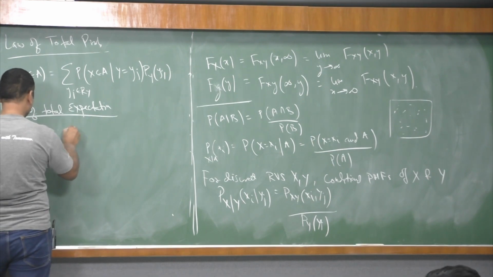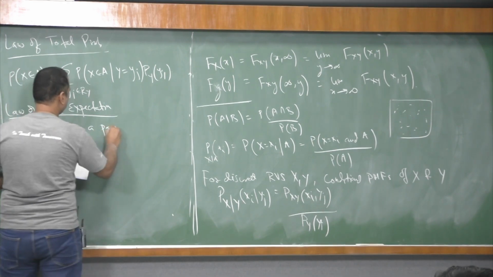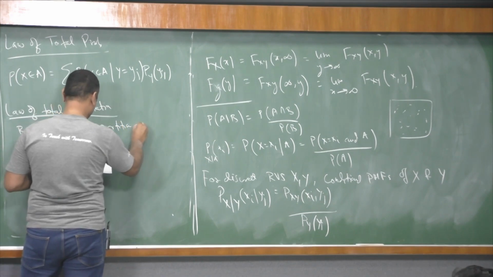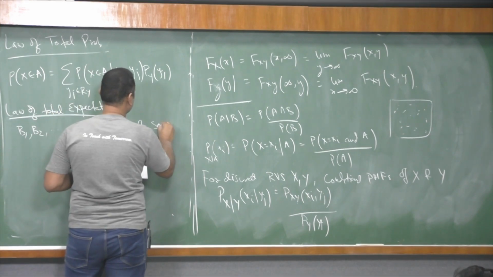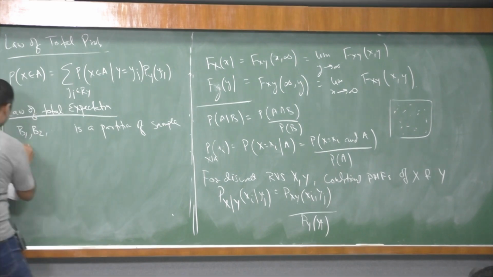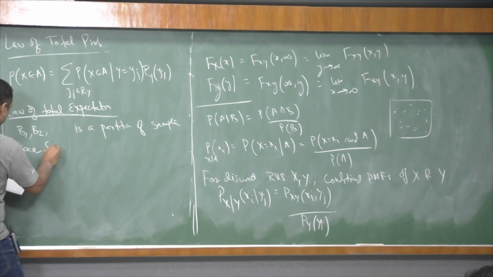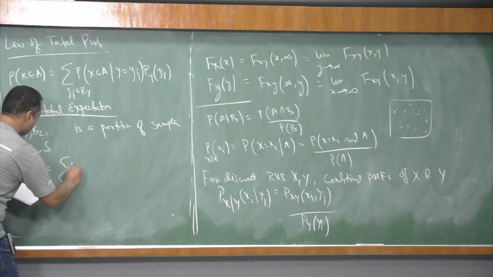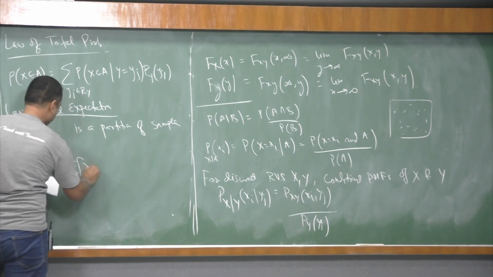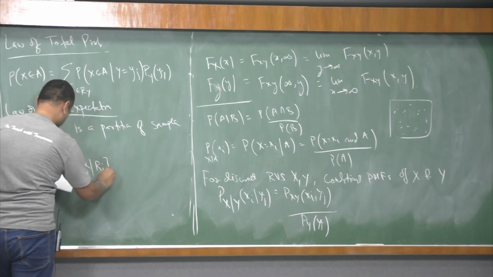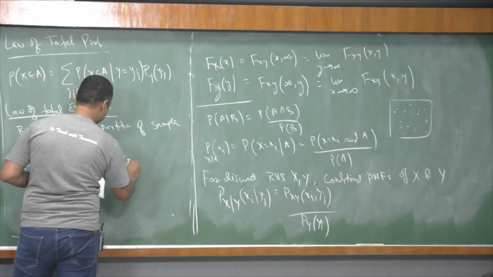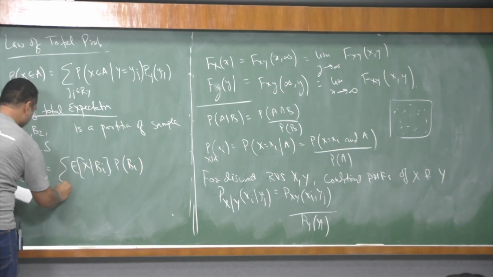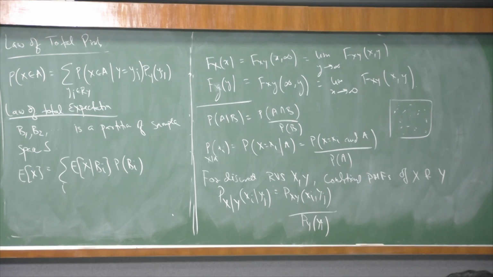Then the expectation of x will be the sum of the expectation of x given bi times the probability of bi, summed over these partitions.